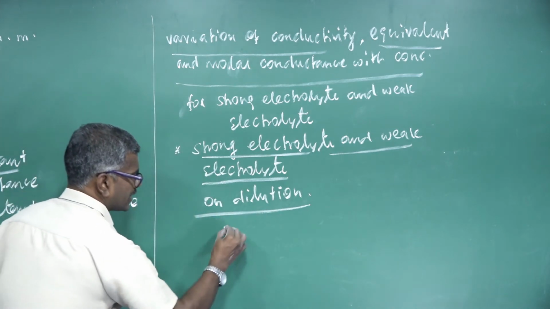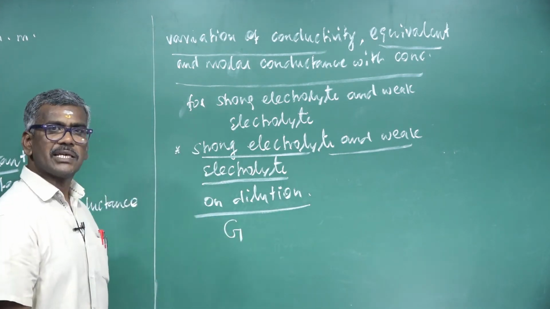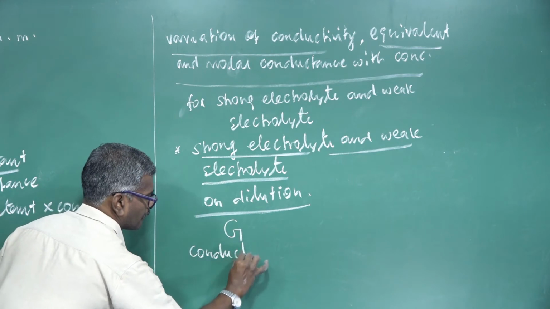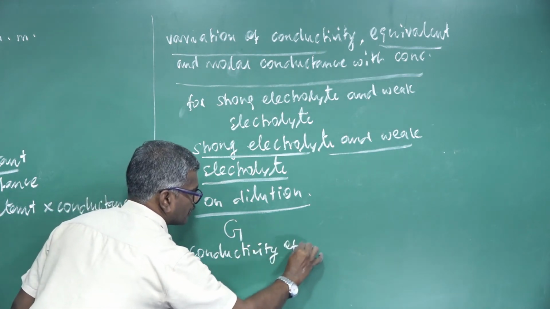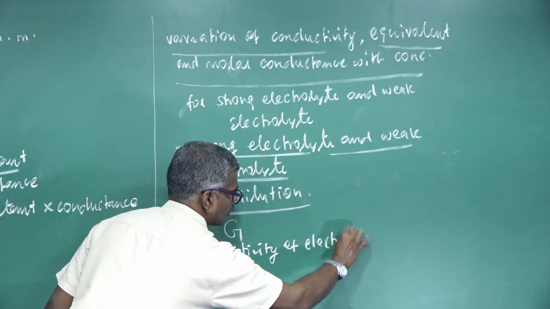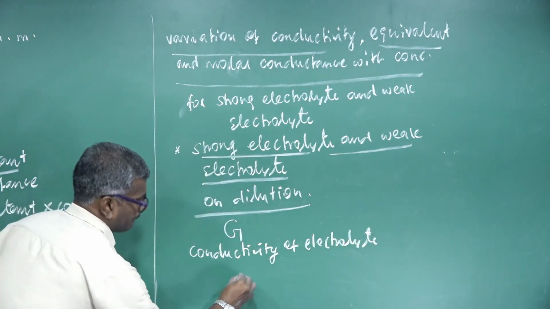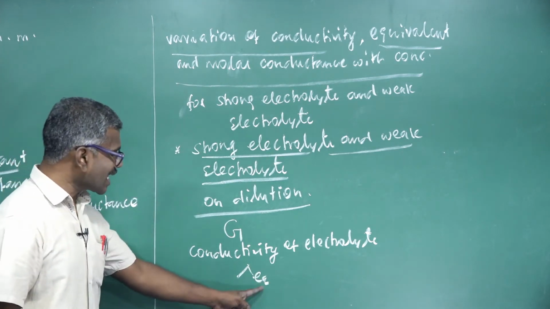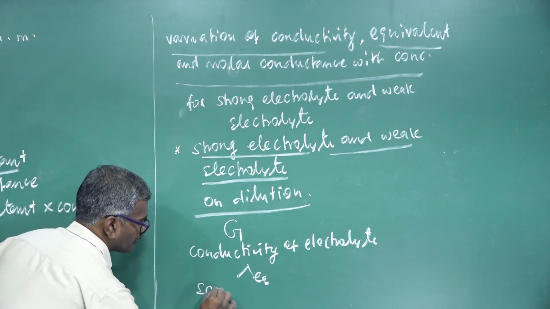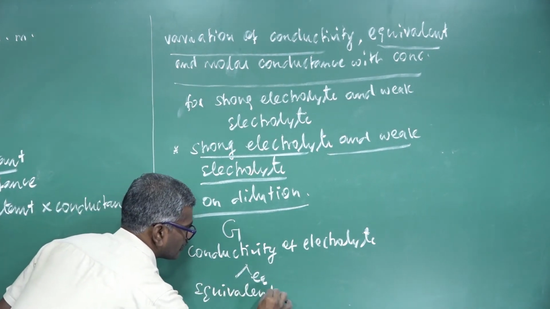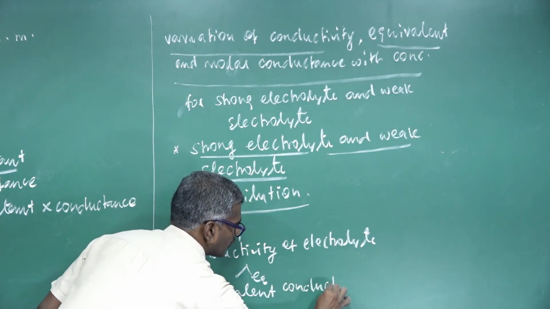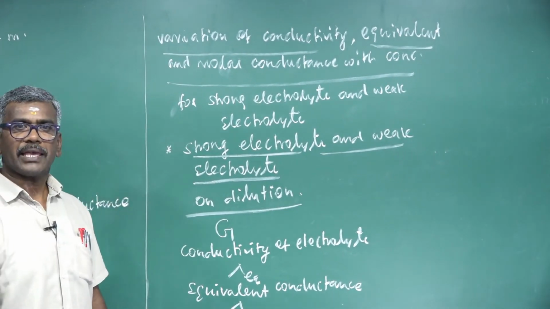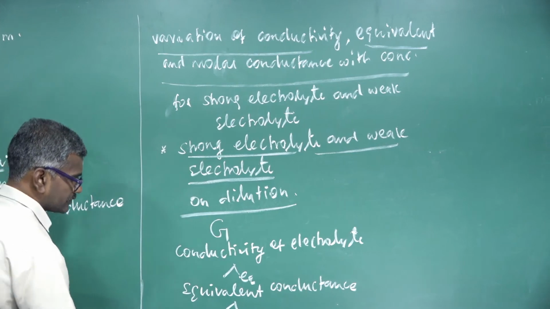On dilution, there is G. G is nothing but conductance of the electrolyte. Another one, lambda EQ. Lambda EQ is nothing but equivalent conductance. Another one, lambda M. Lambda M is nothing but molar conductance.